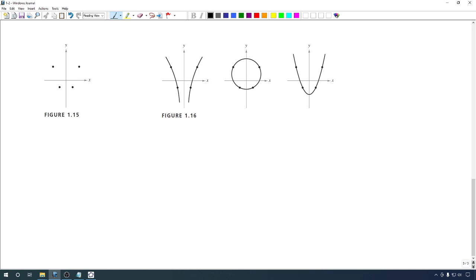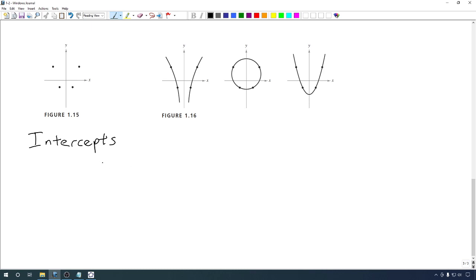We'll actually get into things that we call critical points and inflection points, and we'll get information about how a curve has to behave between such points, things like that. We'll have a lot more tools in the future. But the simplest tool we can talk about right now is the so-called intercepts.